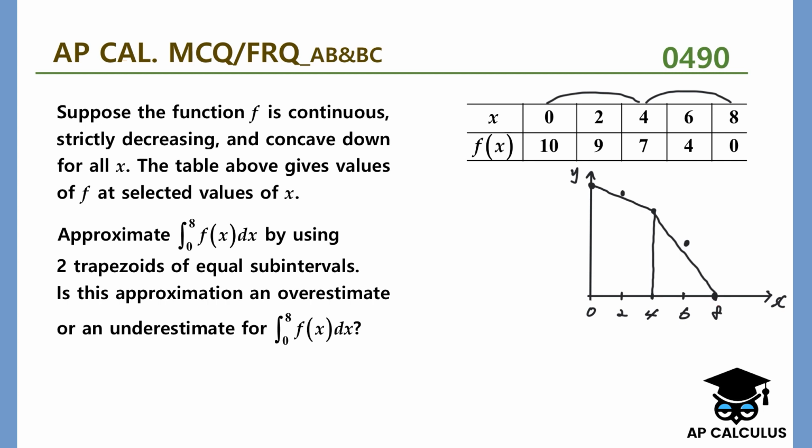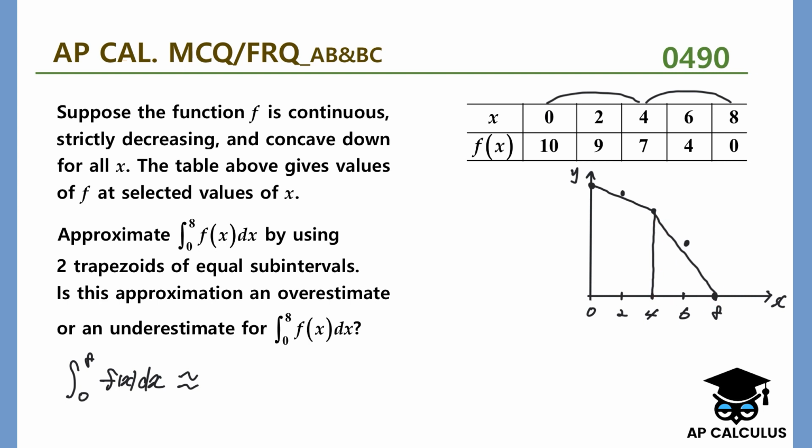Okay, so let's find the area of these two trapezoids that approximate this definite integral. So the integral from 0 to 8 of f of x dx is going to be approximated using the sum of the areas of these two trapezoids. Well, this one is actually a triangle, right?